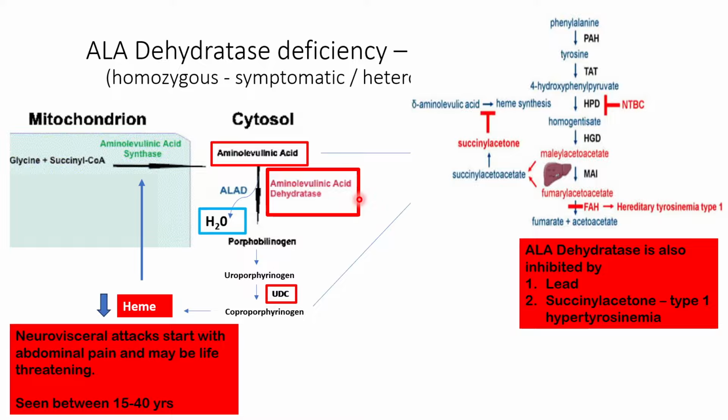So that is why in type 1 hypertyrosinemia there also is deficiency of ALA dehydratase, and you get the manifestation of acute porphyria.